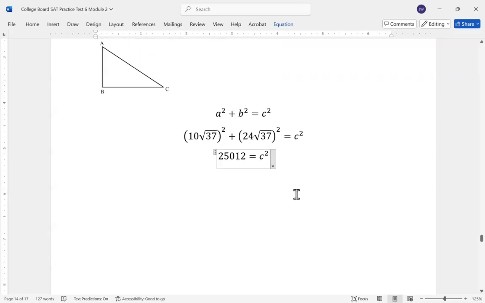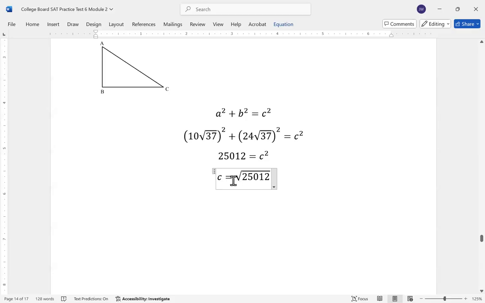In order to find the value of c, we would take the square root of both sides, and I can take the positive square root because the negative square root is not going to give me a length. It's going to give me a negative value. So I want a positive value to symbolize the length. So c is equal to the square root of 25,012.